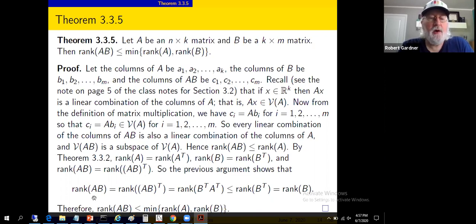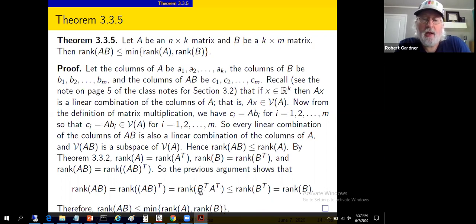So since we know the rank of a product behaves in a certain way, if we take the rank of AB, we can write that as the rank of AB transpose. You know how transposes interact with matrix products. That gives us the rank of B transpose times A transpose. All right, so here's a product. I want to use what we already have, which is when I take the rank of a product, we get something less than or equal to the rank of the matrix on the left in that product.